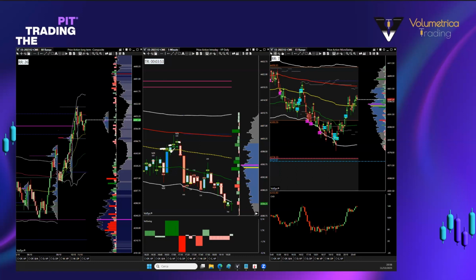But we also have an additional piece of information. The color of every rectangle shows the dominant delta for that POC.